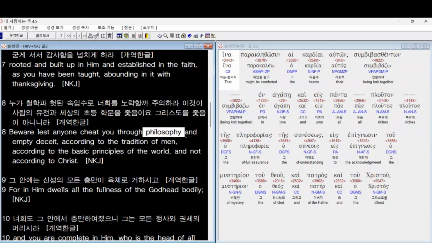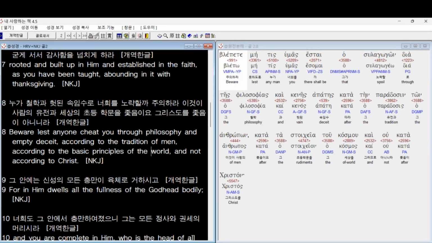Any man-made wisdom, philosophy, according to the basic principle of the world. This is the stoikeia, stoikeion, and King James translates it rudiment, not according to Christ.